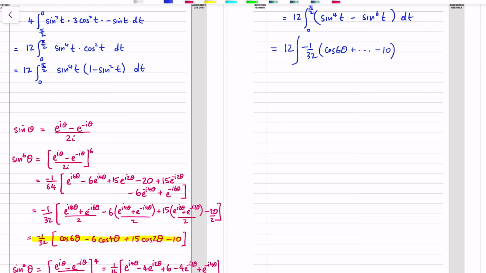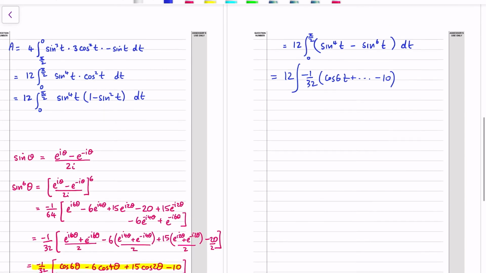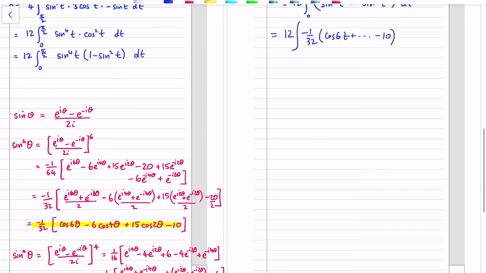So that's one of them. So I should be using t's. And then the other term is sine to the 4 minus sine to the 6. So minus 1/8.